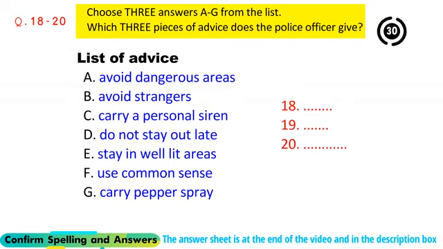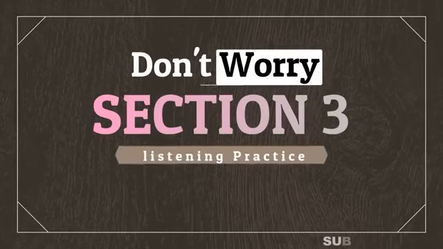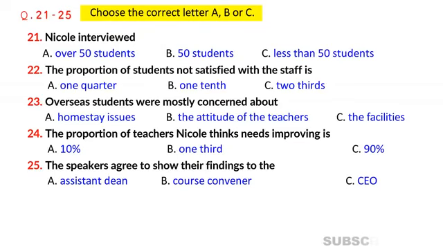Now turn to Section 3. Section 3. You will hear two students, Frank and Nicole, discussing their survey results. First, you have some time to look at questions 21 to 25.